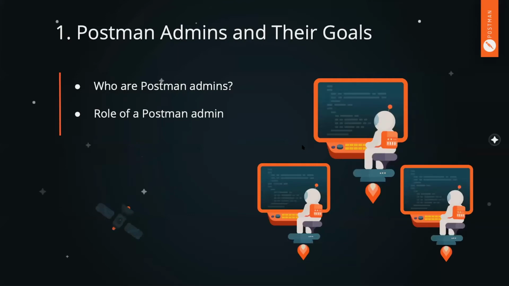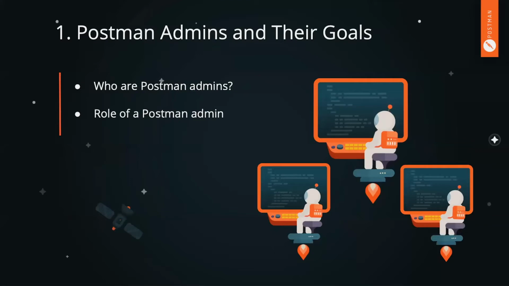The first topic that we have is Postman admins and their goals. Who are Postman admins and what's the primary role of a Postman admin? Postman admins are the people who enable their teams and/or organizations to work better with APIs across the lifecycle using Postman. I'm sure many of you would agree with me when I say managing API lifecycle workflows within teams has its own unique set of challenges.